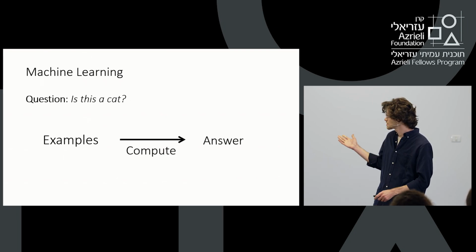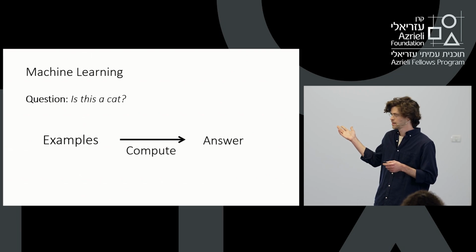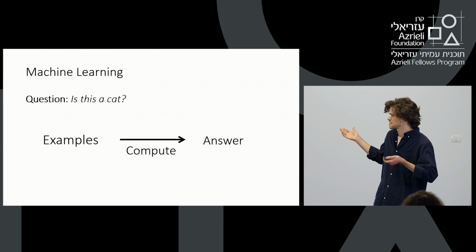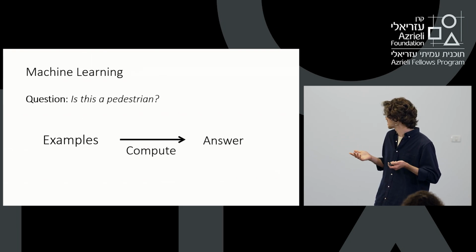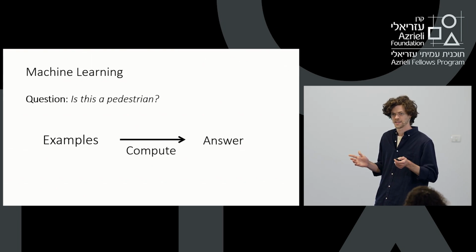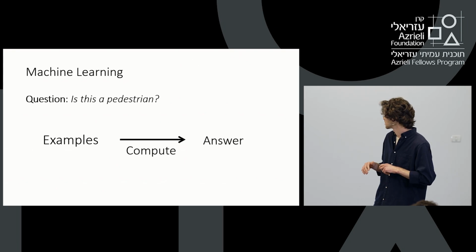And the question is essentially interchangeable as long as you have the data for it, as long as you have examples. It can be, is this a cat? Is this a rabbit? Or maybe, is this a pedestrian? As long as you have examples, you can solve the question. And this unified approach for problem solving led to quite amazing advancements throughout science and technology throughout the last couple of years.